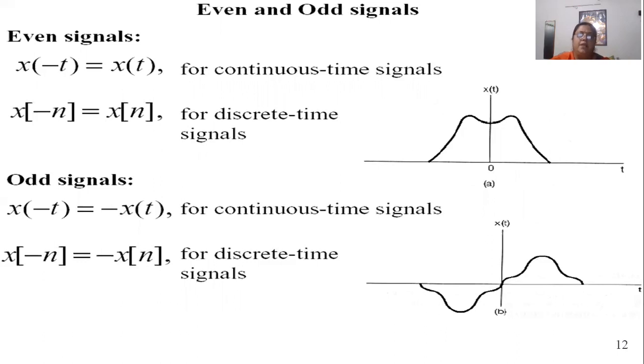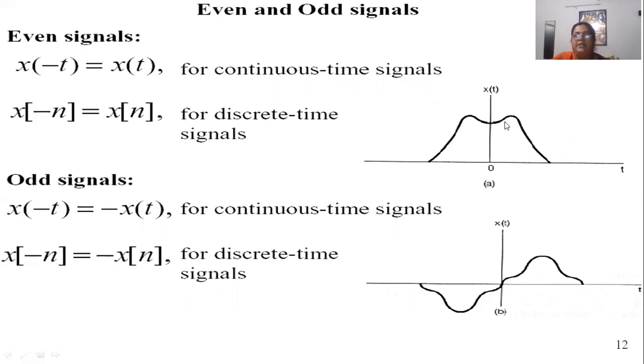odd signal. So for odd signals, if x(-t) equals minus x(t), then it is a continuous time odd signal. Whereas in discrete time, if x(-n) equals minus x(n), then it is a discrete time odd signal. So this is the signal symmetry: the signal can be plotted in all four quadrants.